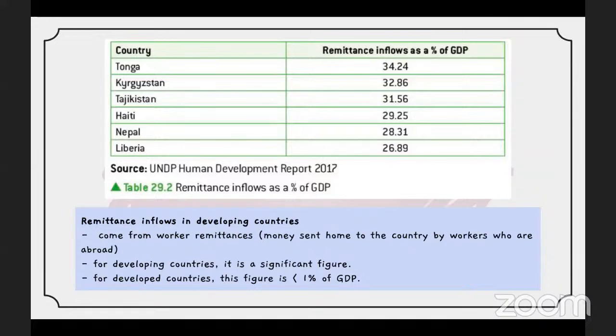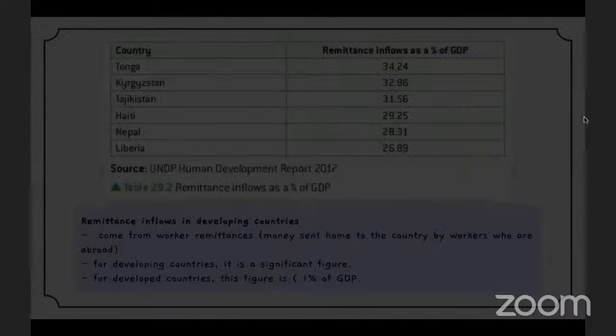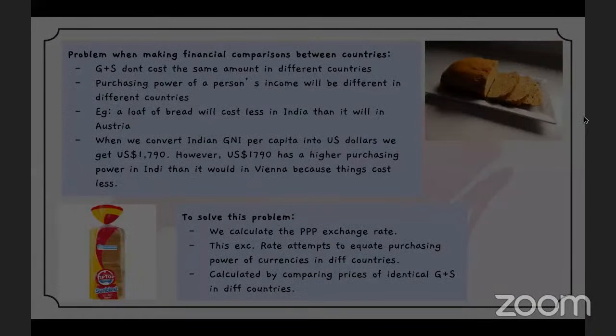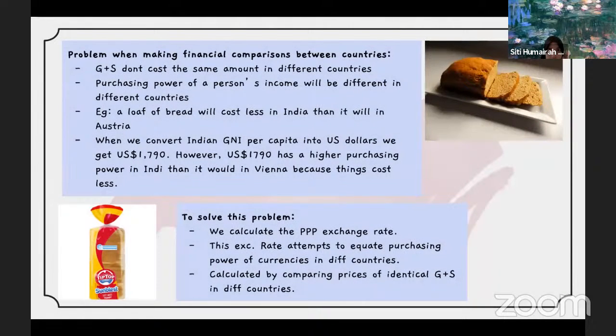Okay, let's move on. As I mentioned before, there is the purchasing power parity rate, and that is what we calculate because there is a problem when making financial comparisons between countries.